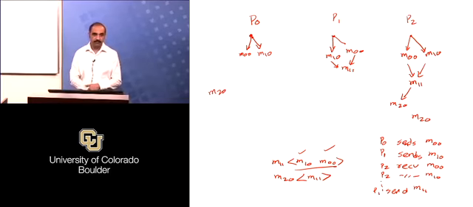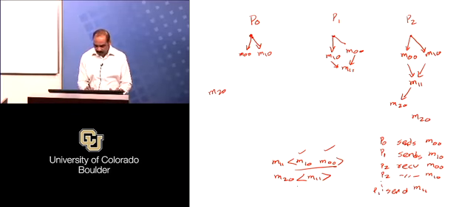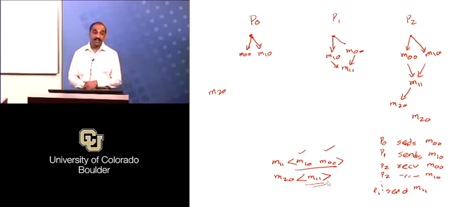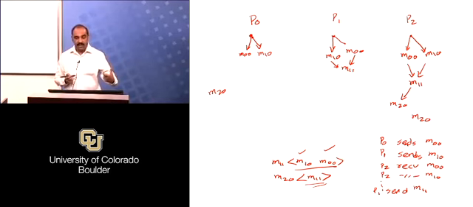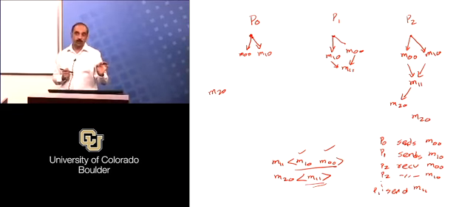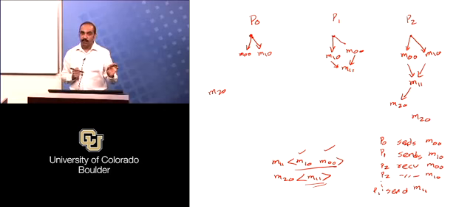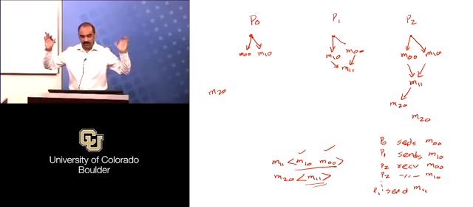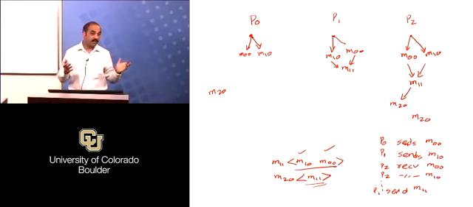P0 looks into its context and sees that there is M11 here. It doesn't see M11 in its context graph. So this is where P0 is going to delay the delivery of M20, because P0 knows that M20 potentially depends on another message, M11, which it has not delivered yet.